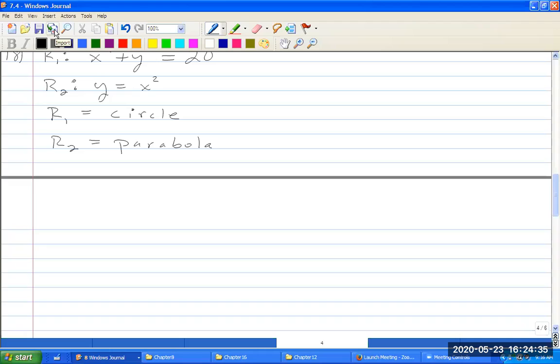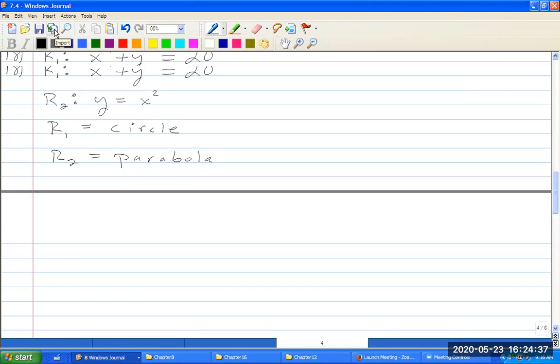Okay, so in this case, let's use substitution. R2 is solved for. Y has already been solved for in terms of X. So I'll substitute R2 into R1.